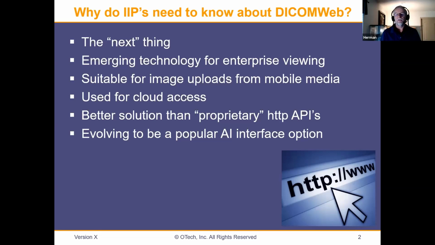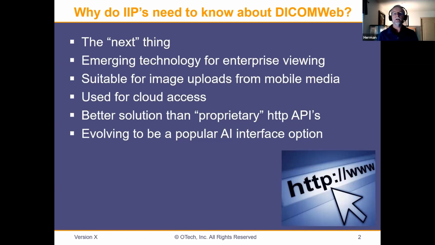Because, for example, FHIR is the new HL7 standard. If we want to access a FHIR resource and we want to get images, DICOMweb is the answer. Or if we want to connect a zero footprint viewer to a VNA, we need to get images. That's DICOMweb. And also all of the XDS protocols defined by IHE use DICOMweb.